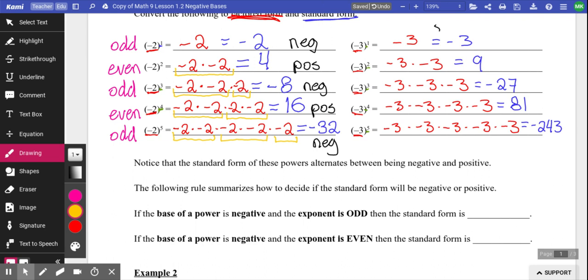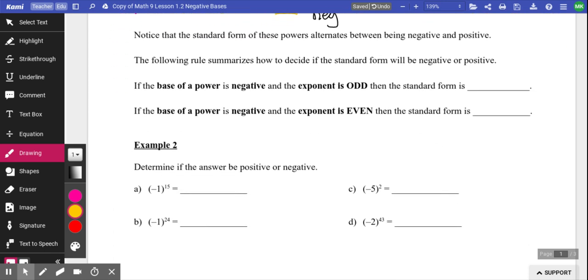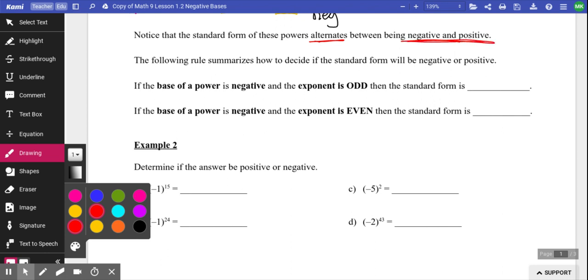Our general rule of thumb: positive numbers will come from even exponents. So negative bases, they turn positive when there's an even exponent. I think that's written out somewhat for you here. It says, notice that the standard form of these powers alternates between being positive and negative. That has to do with if it's odd or even. It says the following rule summarizes how to decide if the standard form will be negative or positive.